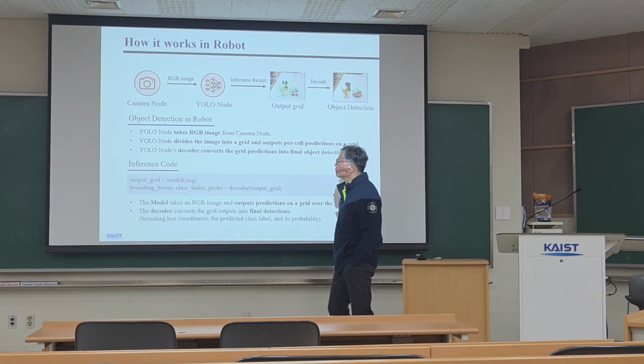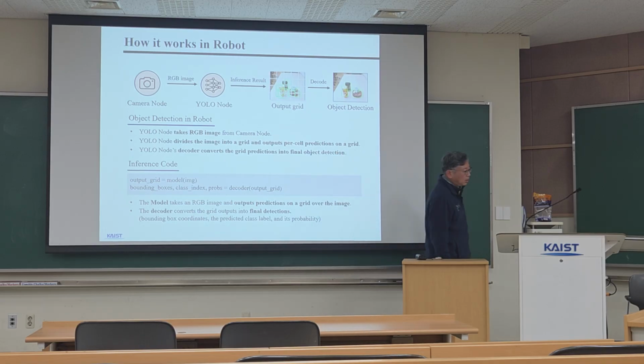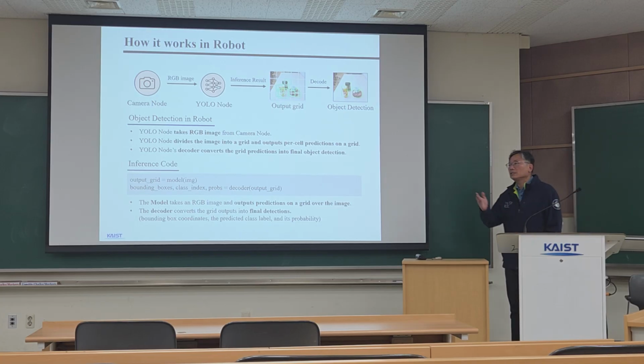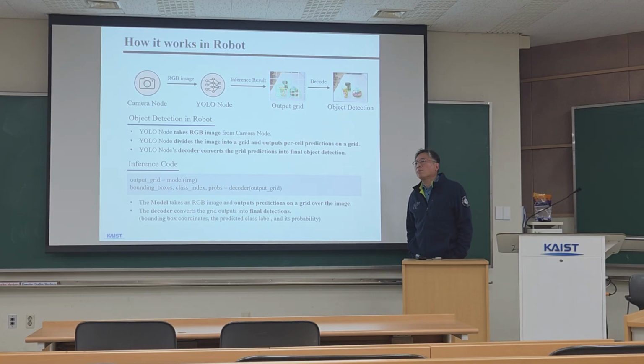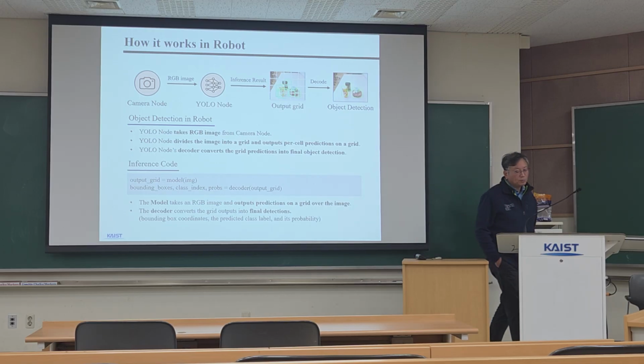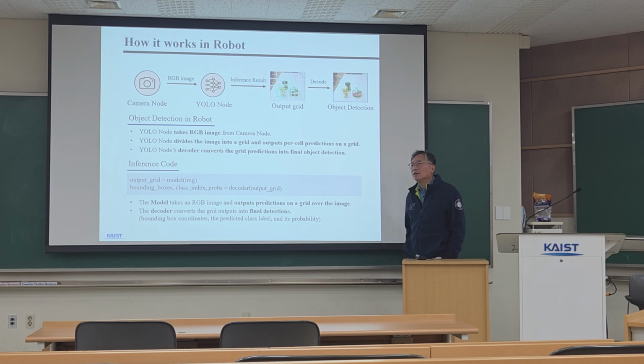So, let's talk about what YOLO is doing. Anybody here know how YOLO operates? Or let's assume that the image contains one object: dog, person, chair. How would you detect this object?